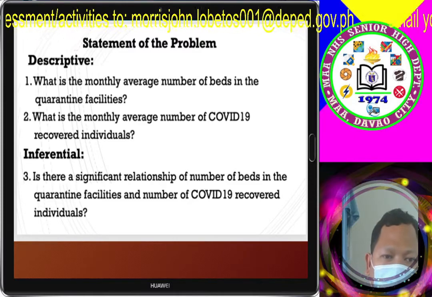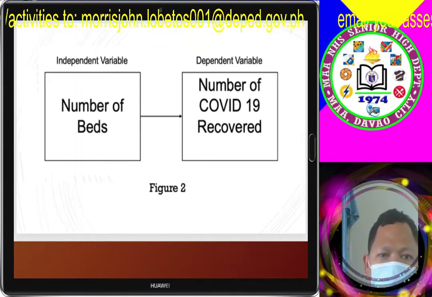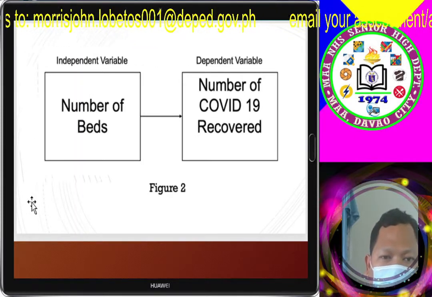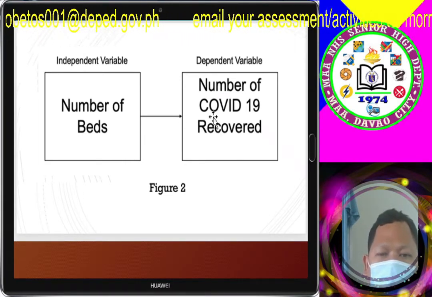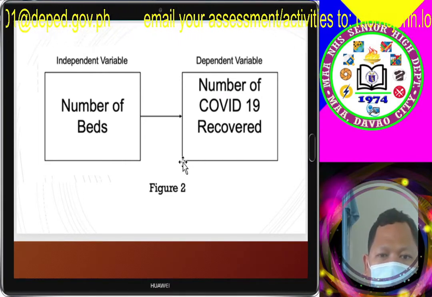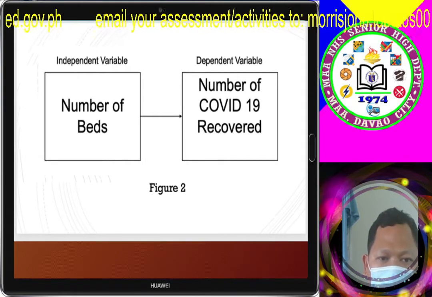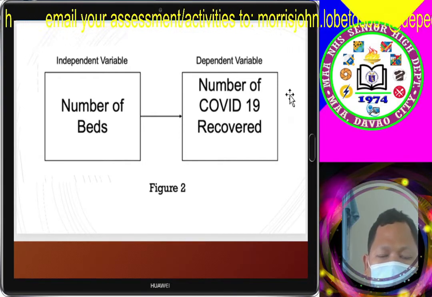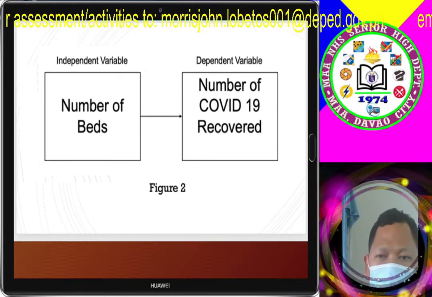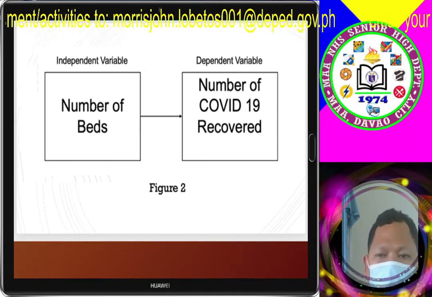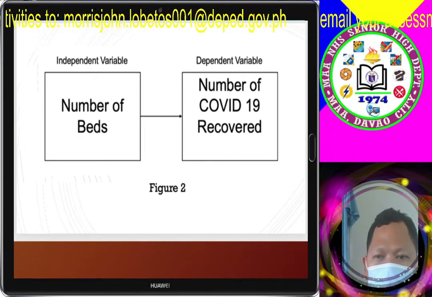So the conceptual framework is like this. As you can see, our IV is number of beds, then the dependent is the number of COVID-19 recoveries. So I hope you get the concept on how to make the conceptual framework for your research.